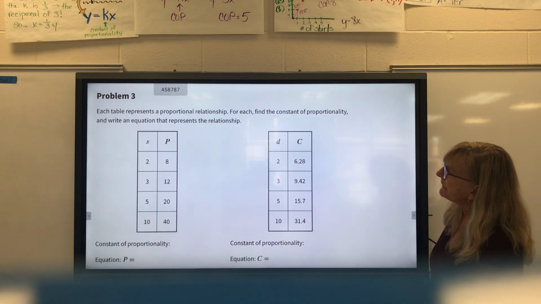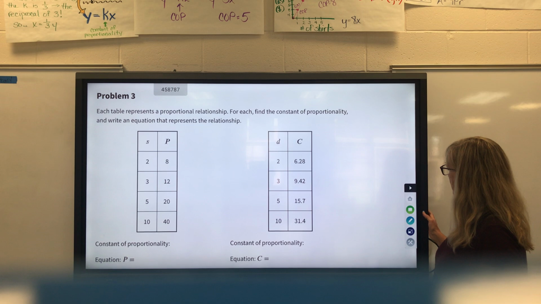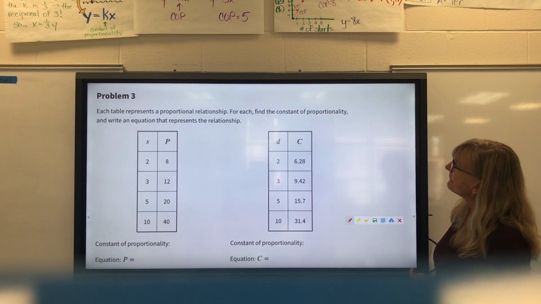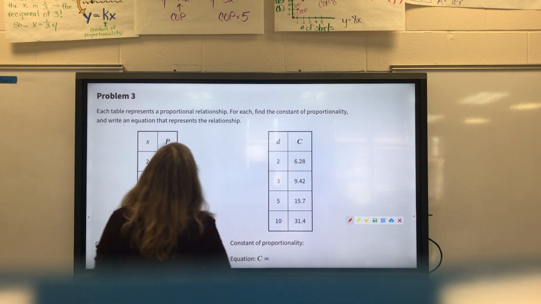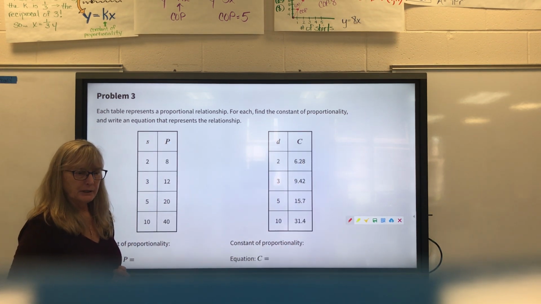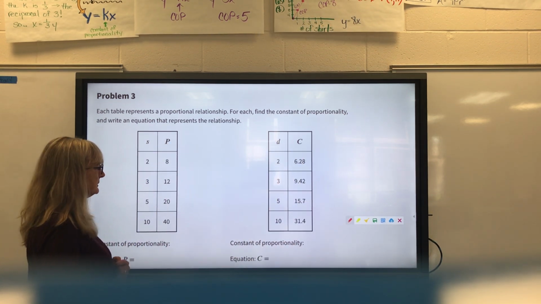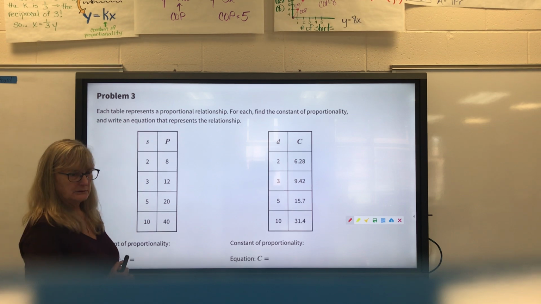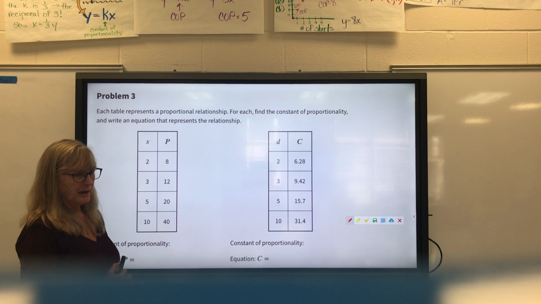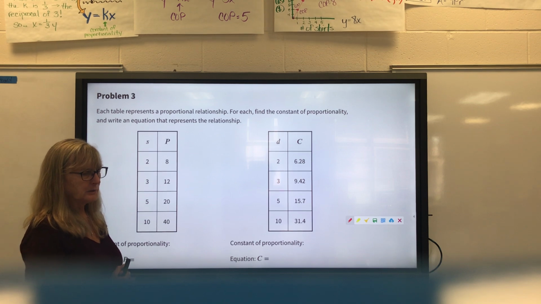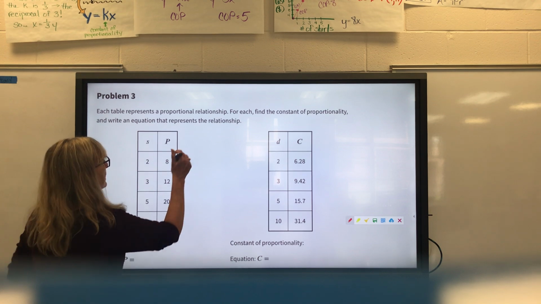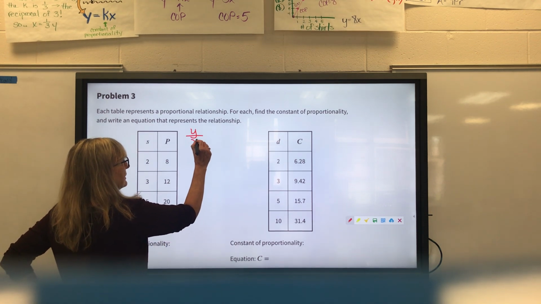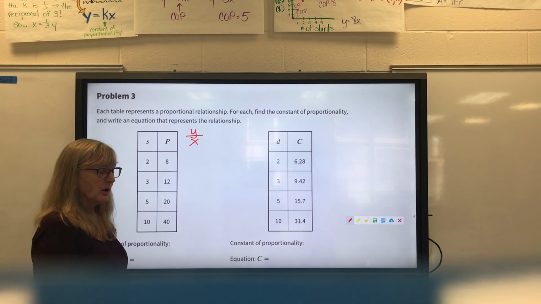Problem number 3. Each table represents a proportional relationship. For each, find the COP and then write the equation. How do we find the COP? Multiply. Okay, we're going to think about multiplying, but how would we find the multiplier? We're going to find the COP by doing y over x.